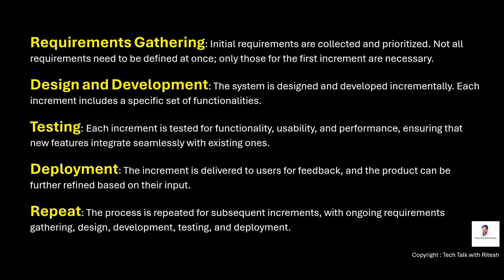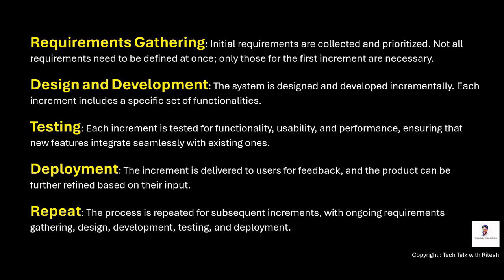Since we have already discussed the SDLC, these phases will come again and again, because all these models have modified these phases in one way or another. First one is requirement gathering. We'll get the initial requirements, collect them, and prioritize them, because now we are talking about phased delivery.